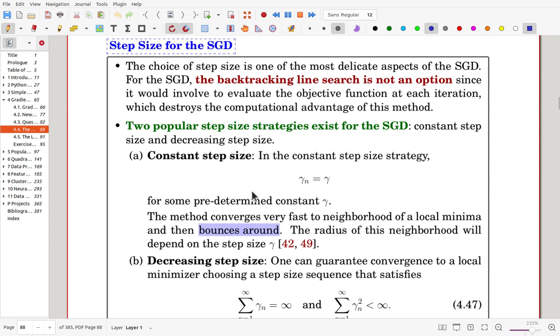Once you use this strategy, the resulting method converges very fast in the beginning, but around the local minimum the iterates bounce around. So it is not recommended.